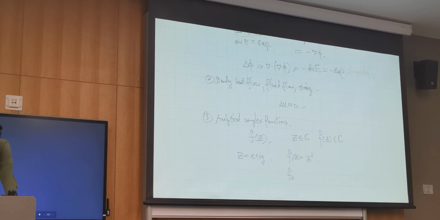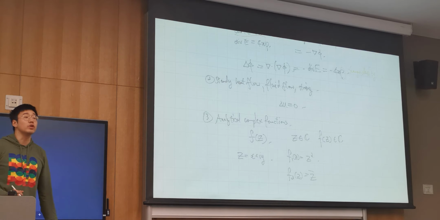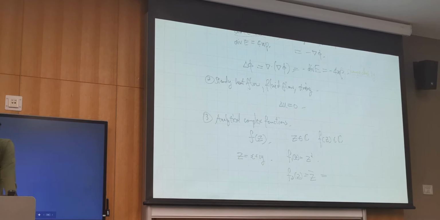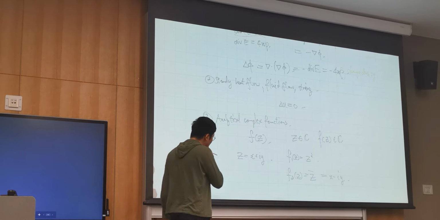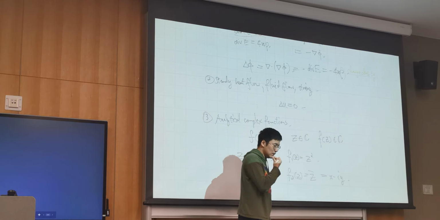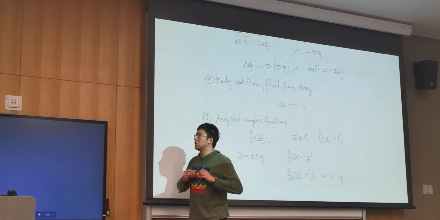The second function I define equals z bar, the complex conjugate of z. So in this case, f2 equals x minus iy.